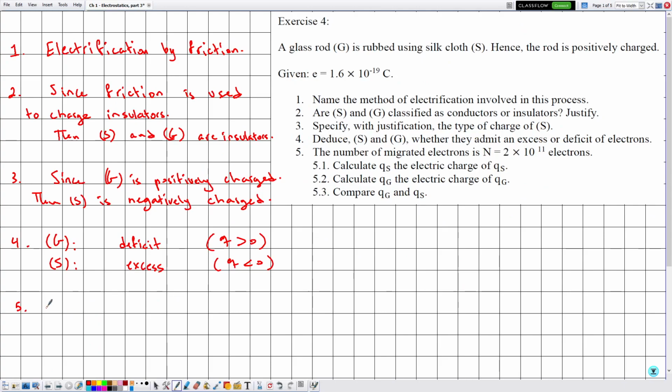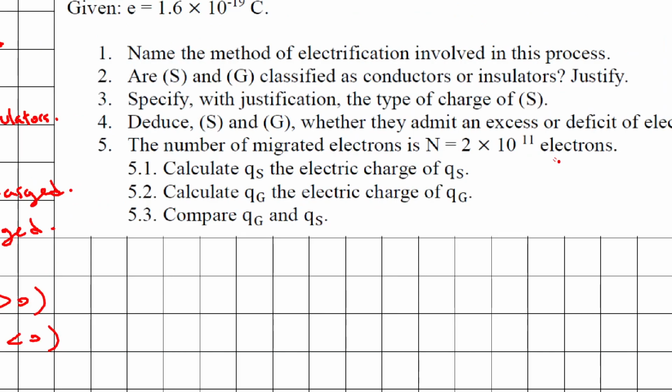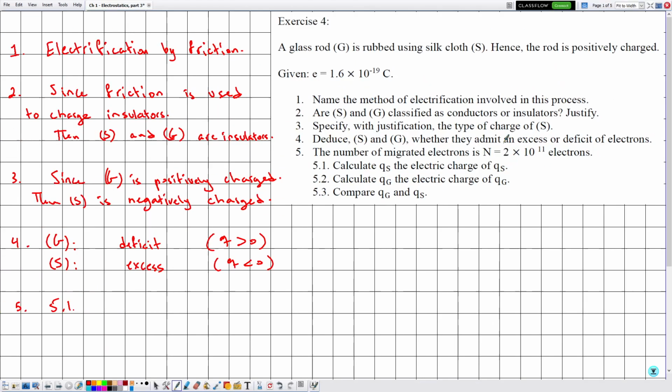Then in 5.1 we need to calculate QS, which represents the electric charge of S, the silky cloth. Because S is negatively charged, it is given by minus N multiplied by E. The number of electrons is 2 times 10 to the power 11, and the elementary charge is 1.6 times 10 to the power minus 19.